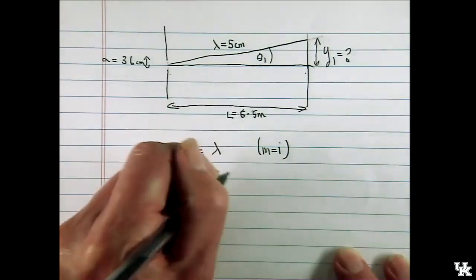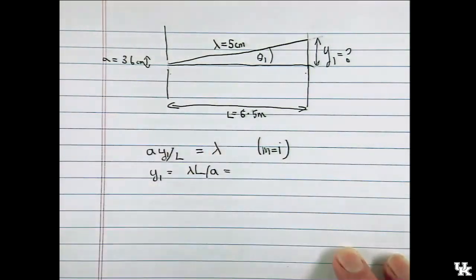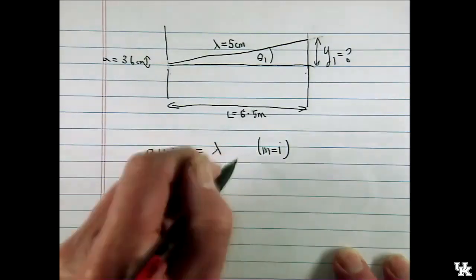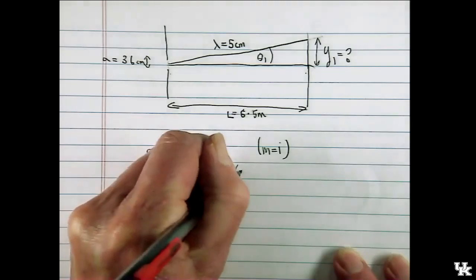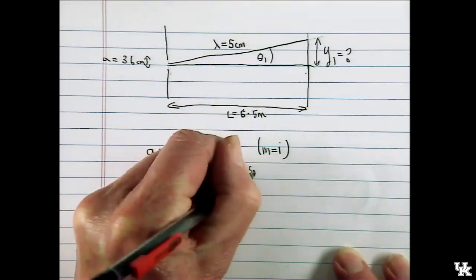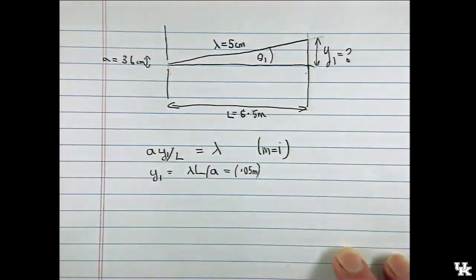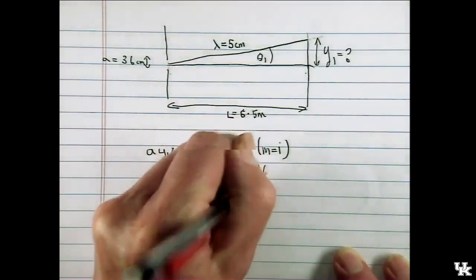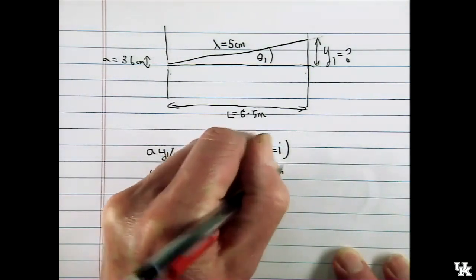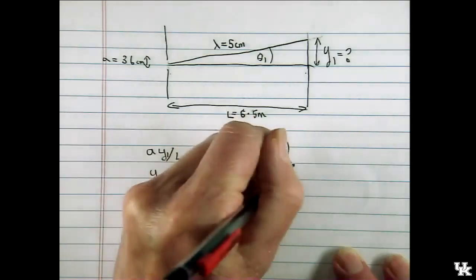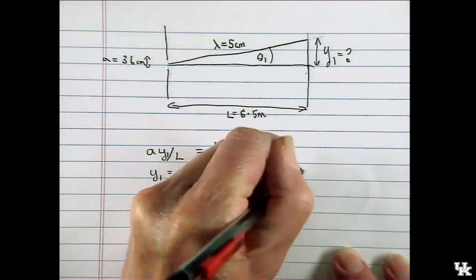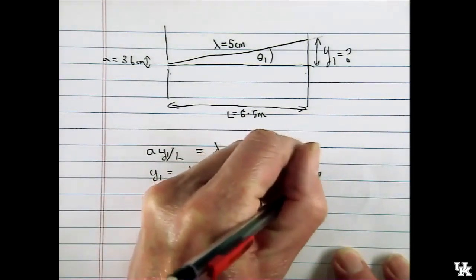I can now stick in all the numbers. Our wavelength was 5 centimeters, so it's 0.05 meters. Our distance to the screen was 6.5 meters. And the width of our slit, which was the window, was 36 centimeters, so that's 0.36 meters.